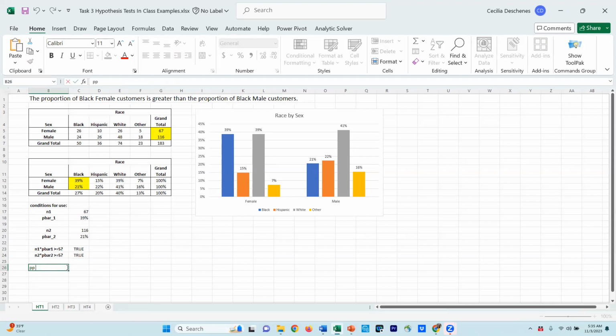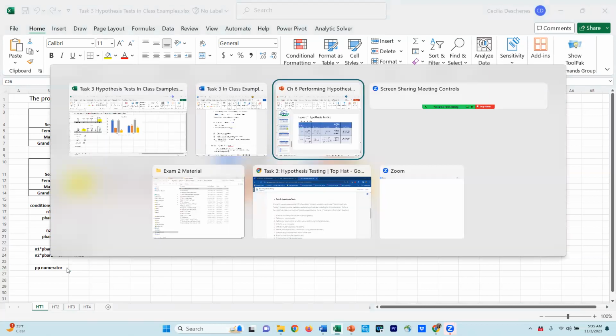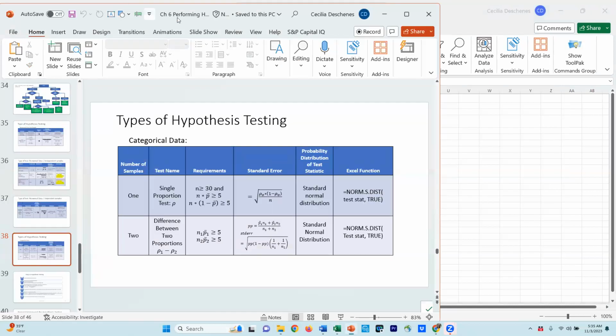So now we want to get the numerator. And if you recall the numerator, hopefully you have this in front of you.